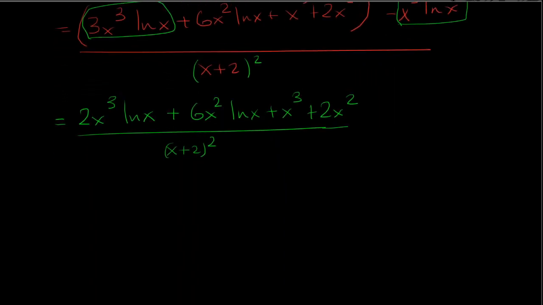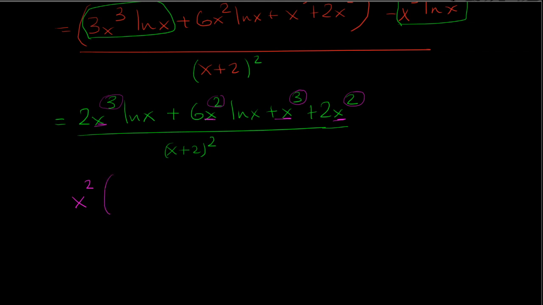Okay, next thing is identify what factors they all have in common. So they all have x, but we want to see what's the appropriate exponent. So it's really going to be 3 or 2 for this one. And like we said, we always choose the smaller exponent, so that'd be 2.